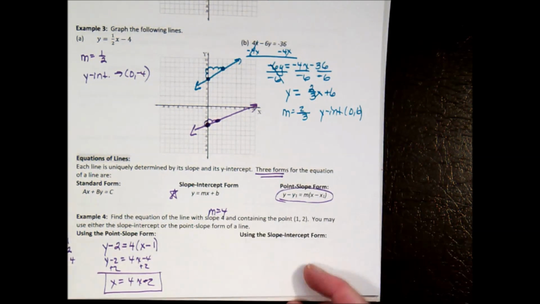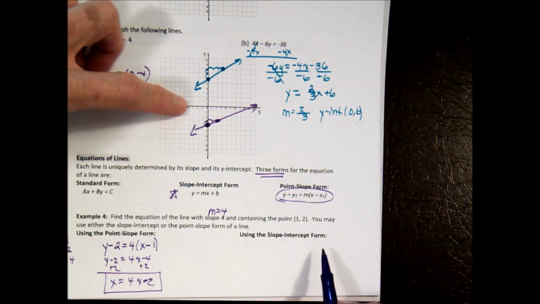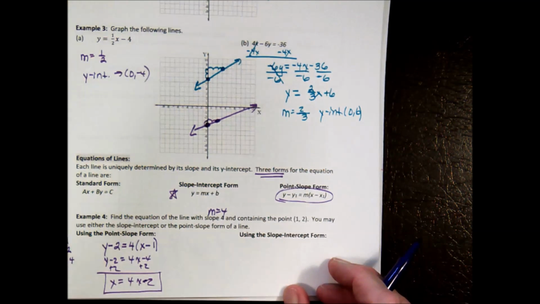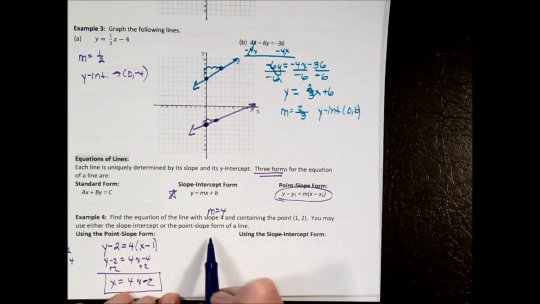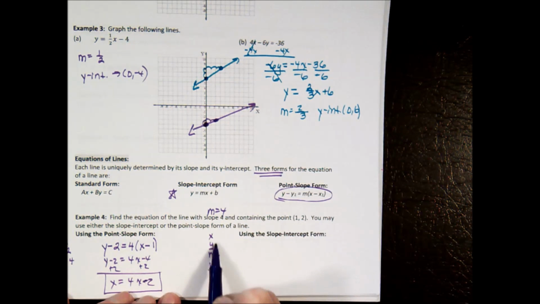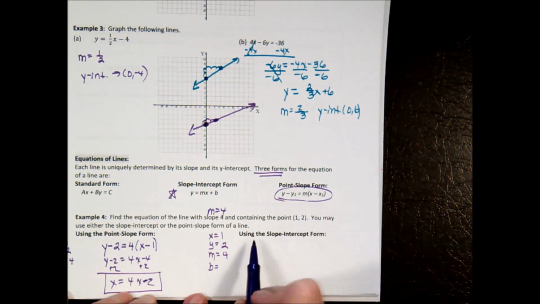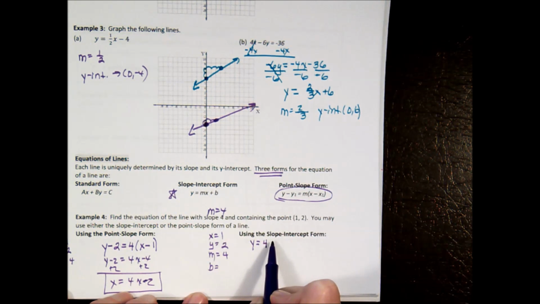Let's look at it again using slope-intercept form, which is the way I typically do it. Again, I'm going to label my x, y, m. This time, I need a b. My x is 1, my y is 2, the m is 4. I just need to find b by writing y equals mx plus b. Now I'm going to fill in the x and the y.